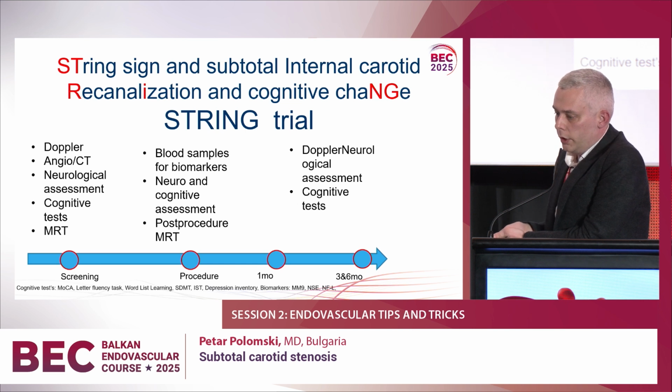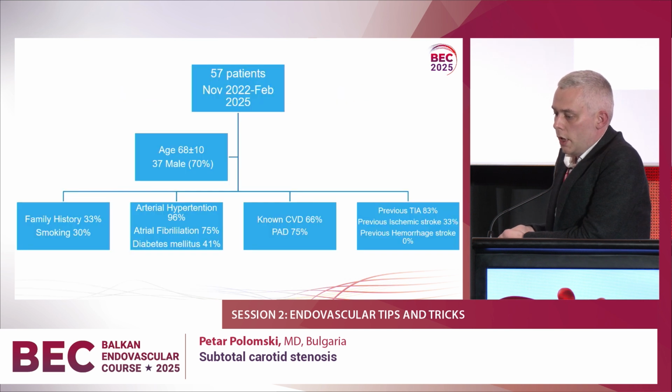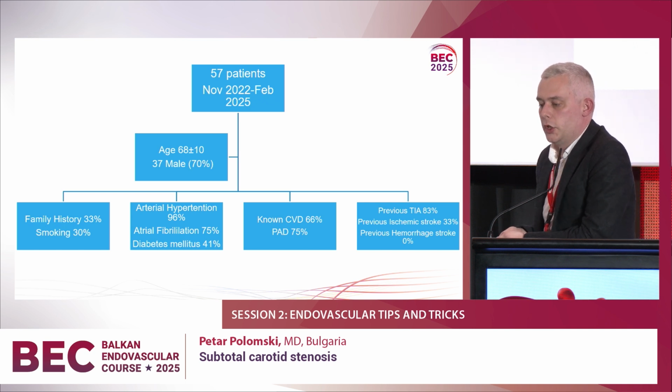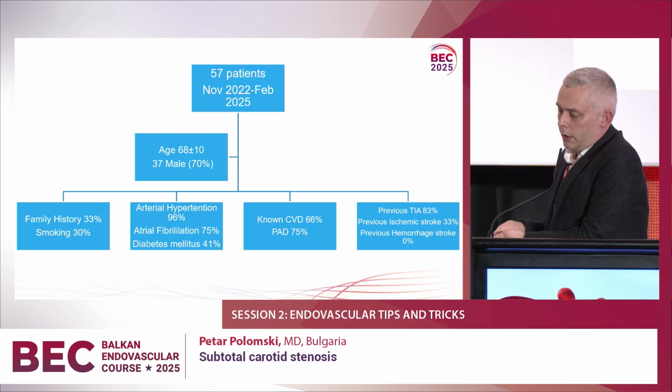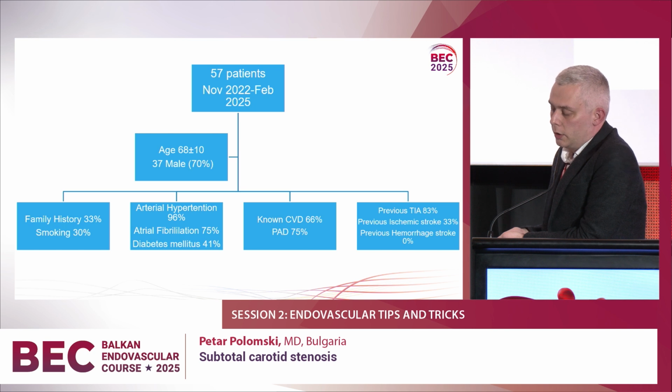It's still an ongoing trial. So that's the flow chart nowadays, 57 patients till February this year. 37 of them were male, and almost all of them were hypertensive patients, 83% with TIA, 33% with stroke.